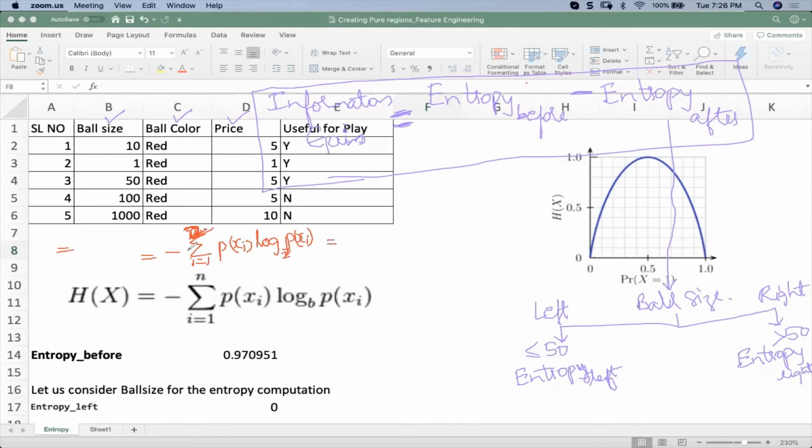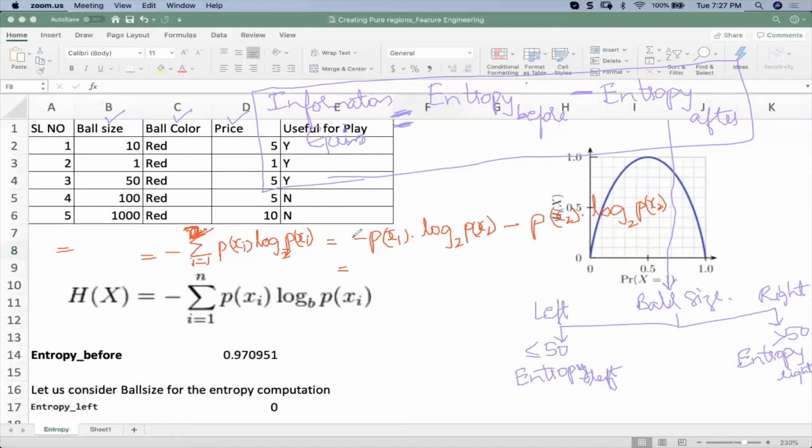If I substitute i equal to 1 in this formula, you get p of x1 into log of p of x1 base 2, minus, because you have a minus sign. If you substitute i equal to 2, p of x2 into log of p of x2 base 2.